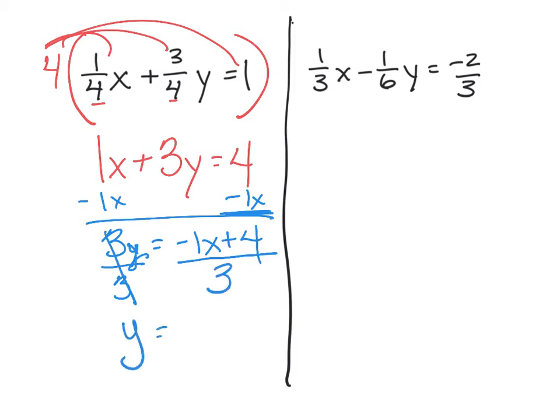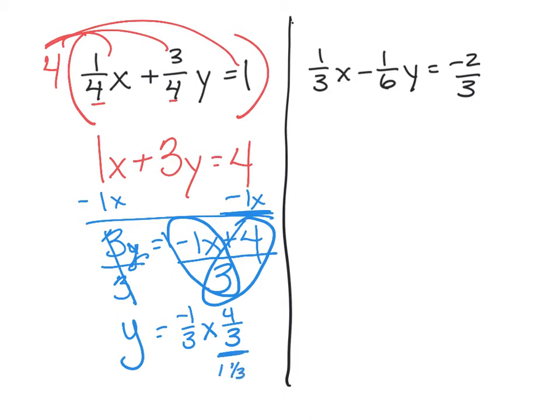This leaves y by itself. Again, I'm going to pull out the fraction, so I get a negative 1/3 x. And I'm going to leave this as an improper fraction as well. This is my y-intercept. It's basically 1 1/3. This would be plus. Sorry, forgot that. But I have my slope and I have my y-intercept.